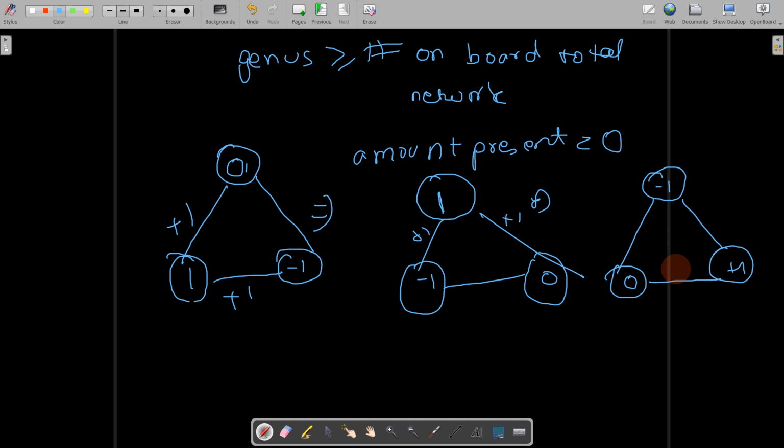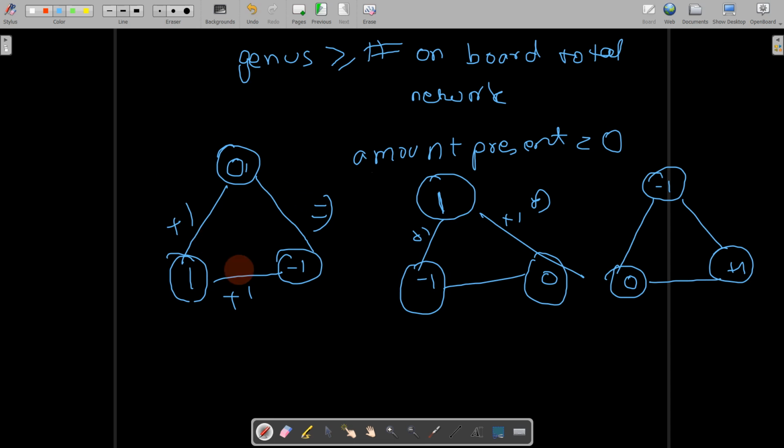So in this board configuration, the connections between the nodes are such that no matter how you distribute or how many moves you play, you can never make all the nodes positive or zero. You cannot remove the debt from this board. The amount of money is just not sufficient.